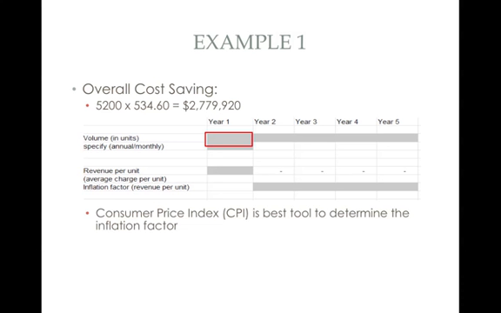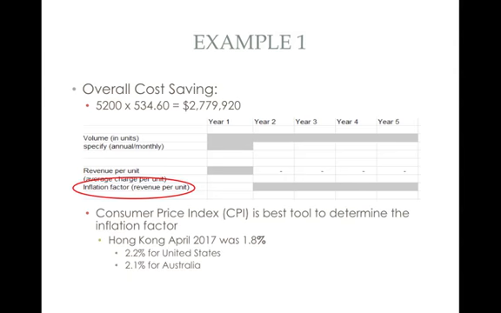The Consumer Price Index is a tool to determine inflation factor. As an example, in Hong Kong, the cost of everything that consumers buy in April of 2017 was 1.8% higher than 12 months ago. Also, account for higher salaries, as salary inflation is generally 3 to 5% per year.